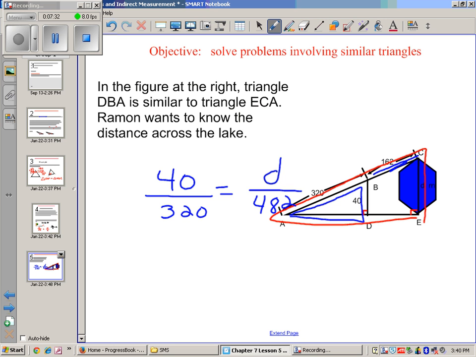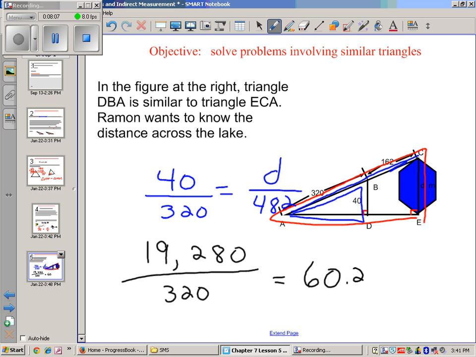The triangle is all the way down to our focal point, so we have to add all that up. So you have 482. So you're going to have 40 times 482, which is going to get you 19,280. Divide that by 320, and we get a distance of 60.25. And this is in meters.